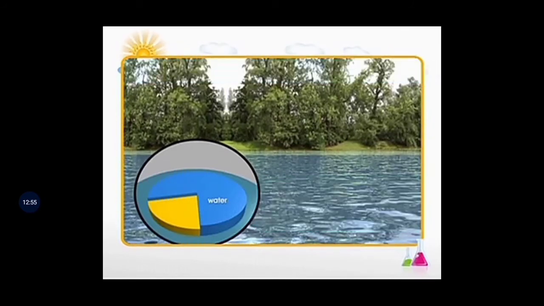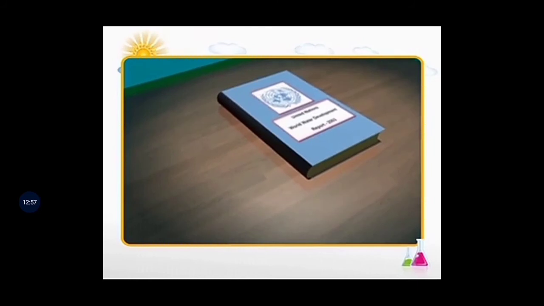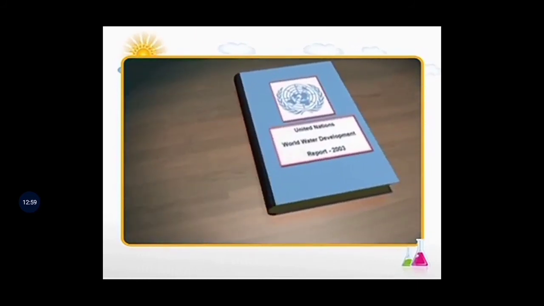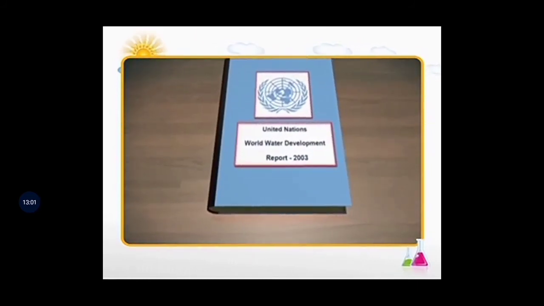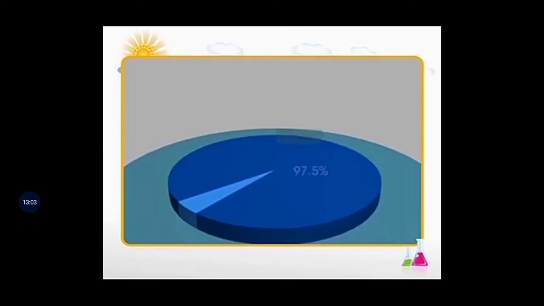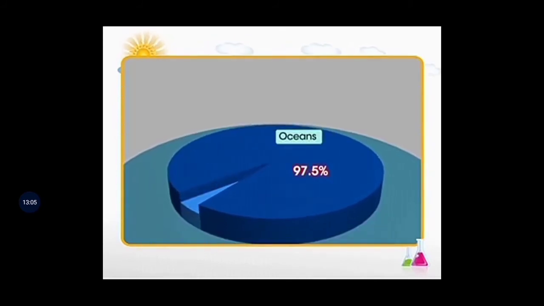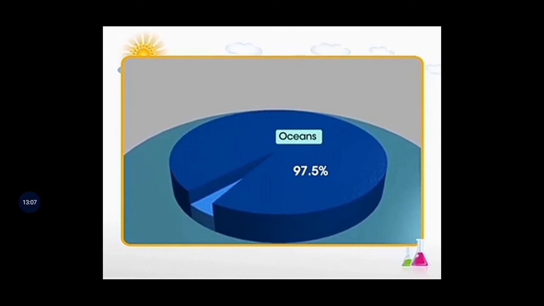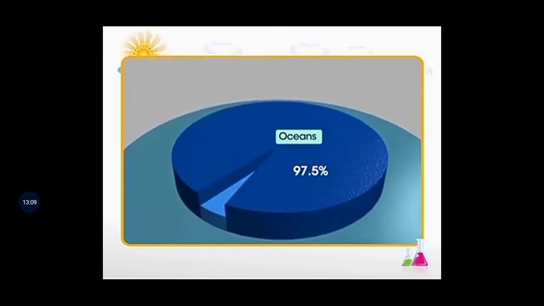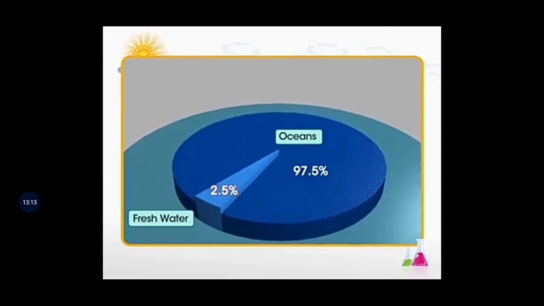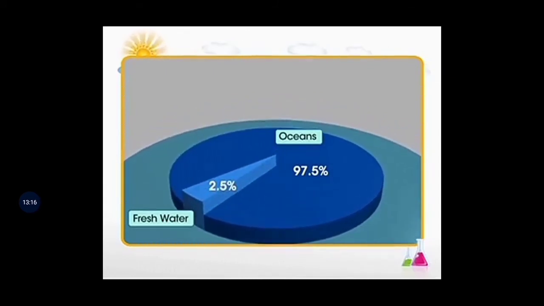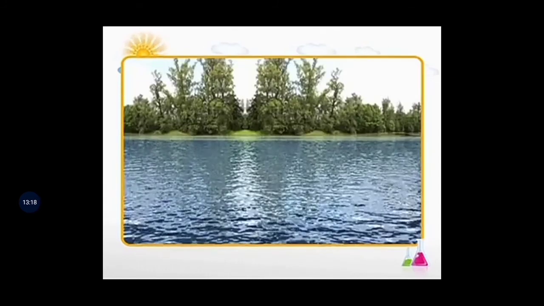According to the United Nations World Water Development Report 2003, 97.5% of the total volume of Earth's water is found to exist in oceans. The remaining 2.5% only is fresh water. But even this 2.5% of fresh water is not available for our use.